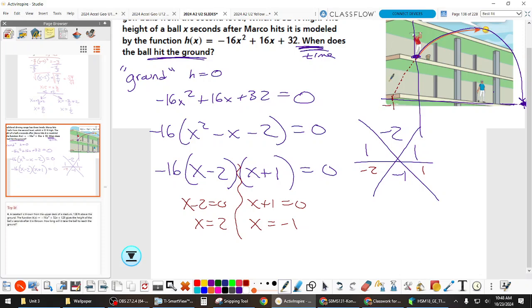That's the other x-intercept for this parabola. Okay? In the context, it doesn't start until here, so we are only considering time. 2 seconds is when it hits the ground. Is that when the fake numbers come in? No. These are both real numbers. The fake numbers will be when we try to square root a negative.